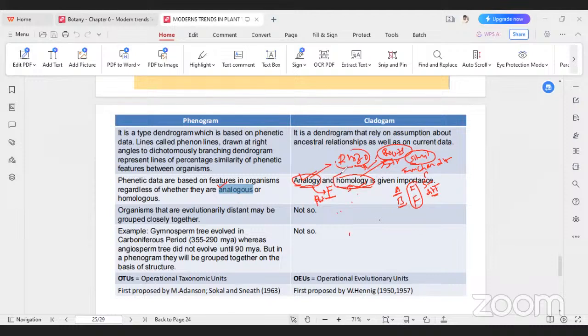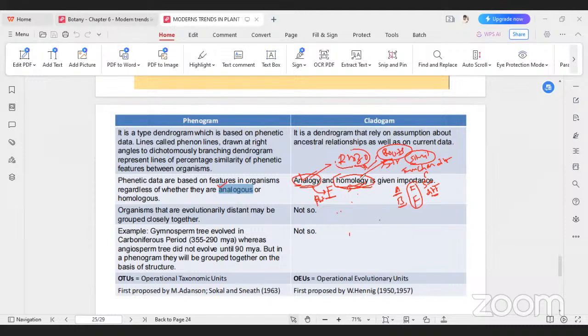So two examples for analogous are completed, and now a homologous example in biology. Anatomically the same structure but different function is called homologous.